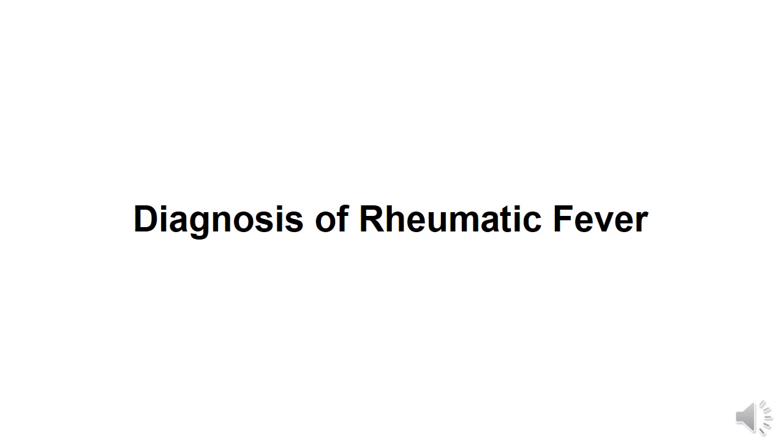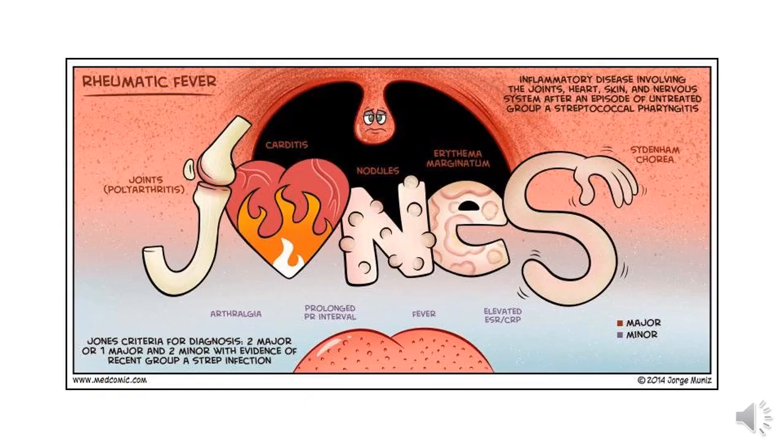How to diagnose rheumatic fever? We have major criteria and minor criteria. As we have seen previously, the major criteria are polyarthritis, pancarditis, erythema marginatum, Sydenham's chorea, and in children the subcutaneous nodules. The minor criteria were arthralgia, prolonged PR interval, fever, elevated ESR or CRP.